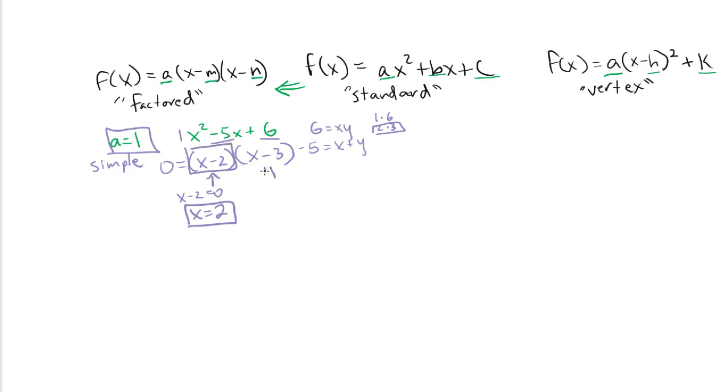Likewise, if this parentheses evaluates to 0, 0 times anything equals 0 makes our equation true, and we can solve the simple equation thanks to our zero product property. x minus 3 equals 0, x equals 3. Don't forget that sign change between the factors and the roots. That appears on the exam throughout, and there are opportunities to make sign errors throughout as a result.